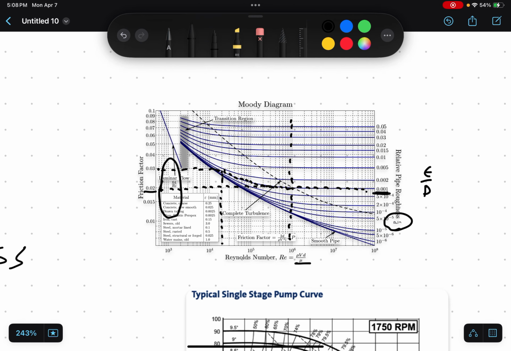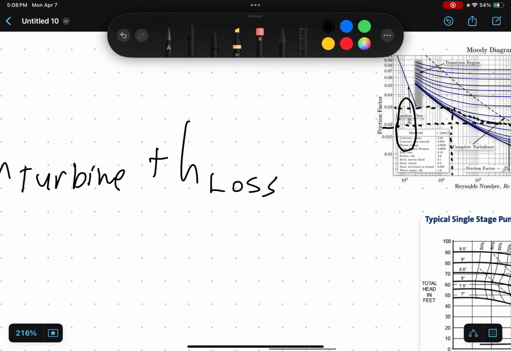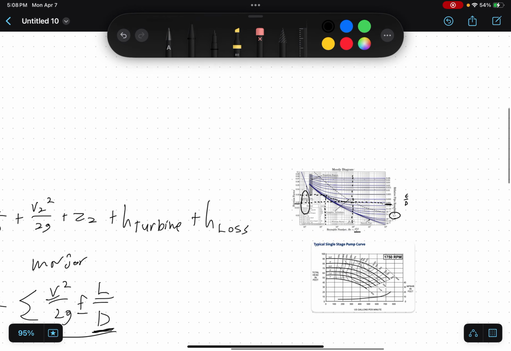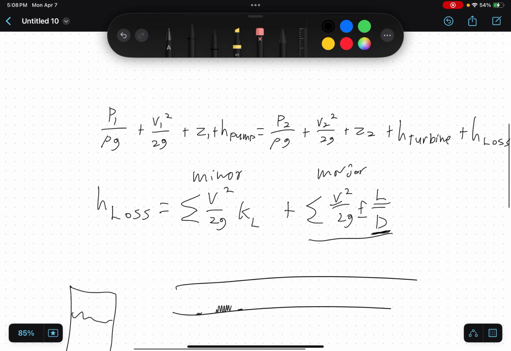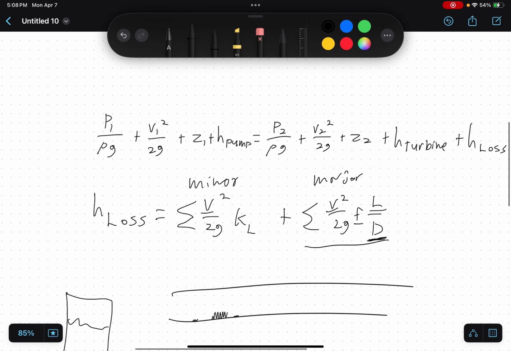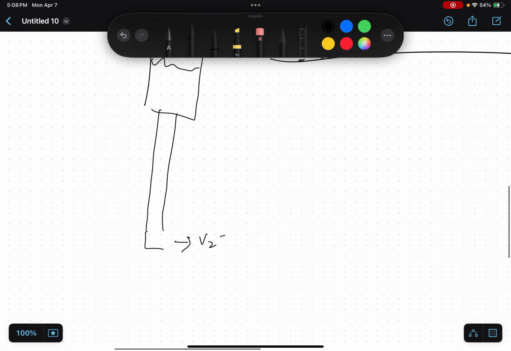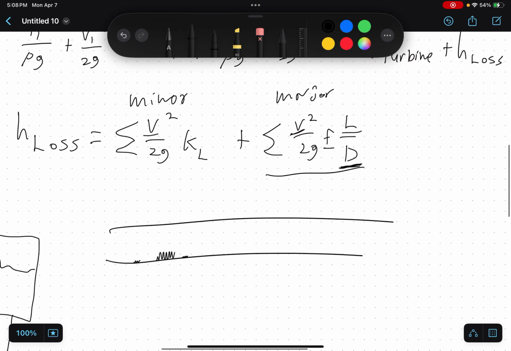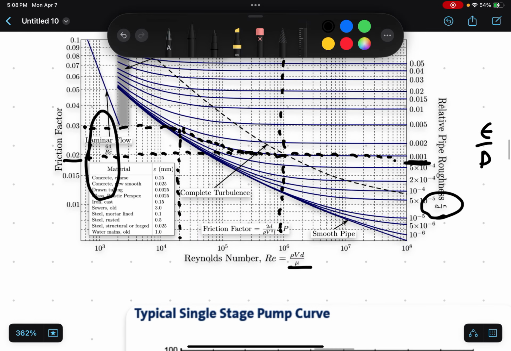The funny part is you don't know your Reynolds number until you completely solve the problem, because you get the f coefficient, then you solve the problem. Typically you solve it for V2, because that's what we were solving for in this problem. Then you go back and check. You plug in that V2, and let's say you have a high V2 that landed you somewhere with a Reynolds number around here.